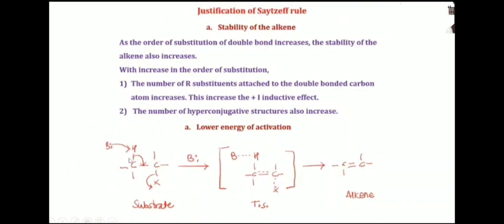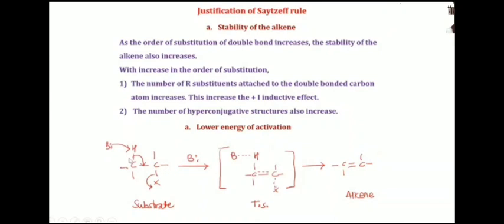As the order of substitution of the double bond increases, the stability of the alkene also increases. With an increase in the order of substitution, the number of R substituents attached to the double bonded carbon atoms increases. This increases the positive inductive effect, and the number of hyperconjugative structures also increases.